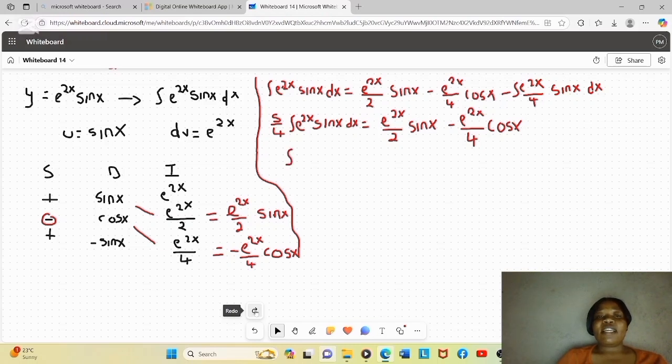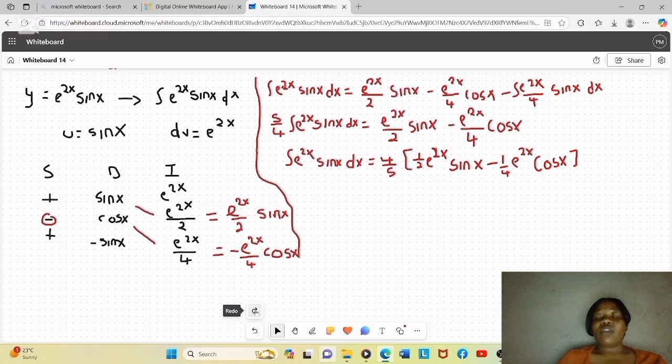Then we are left with the integral of e to the power 2x sine x dx equal to 4 over 5 into 1 over 2 e to the power 2x times sine x minus 1 over 4 e to the power 2x times cos x, close brackets.